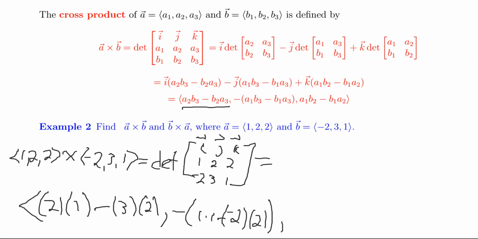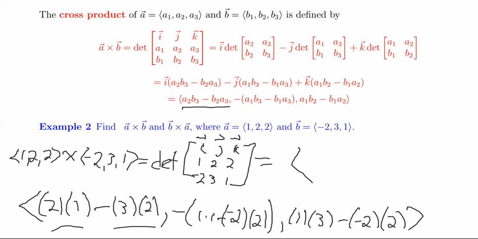And then our third coordinate is A1, B2. A1 is 1, B2 is 3, minus B1 is negative 2, A2 is 2, and then we just calculate all of that. So in the first coordinate, we have 2 minus 6, which is negative 4.